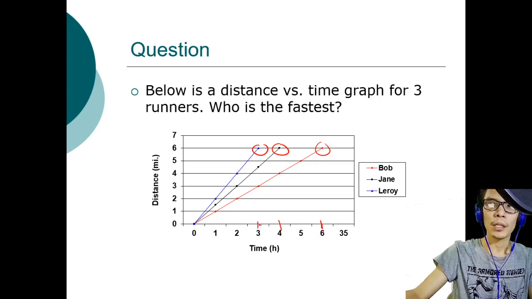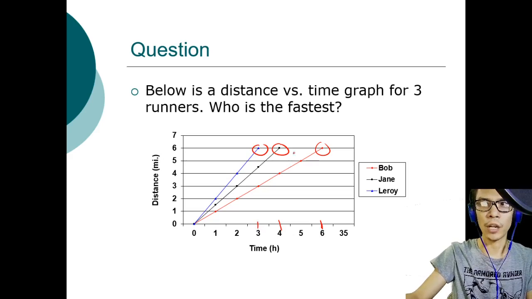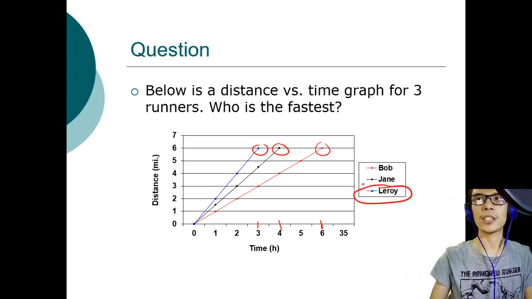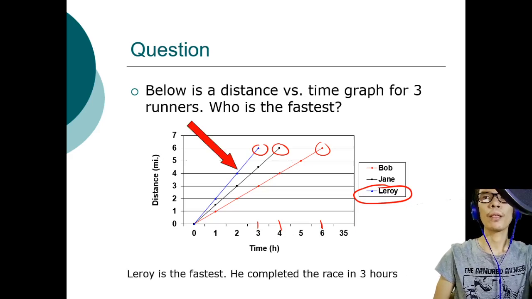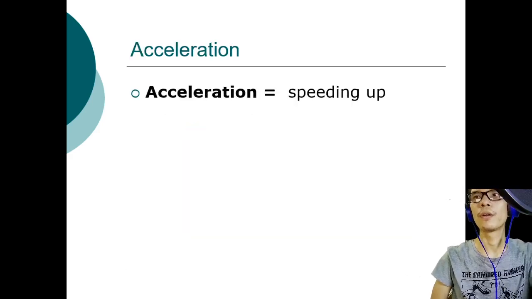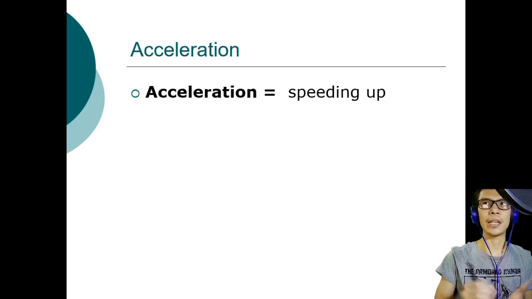So the smaller the time it took an object to travel a certain distance, the faster it is. Therefore, Leroy is the fastest runner on the graph.